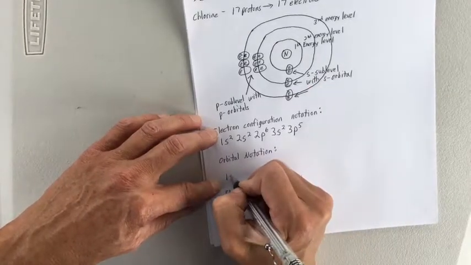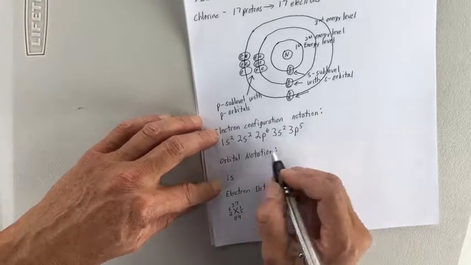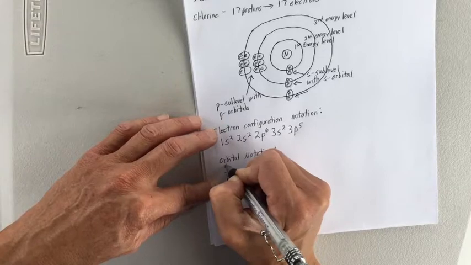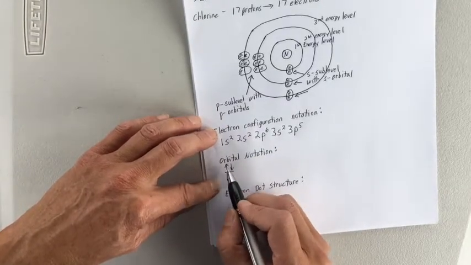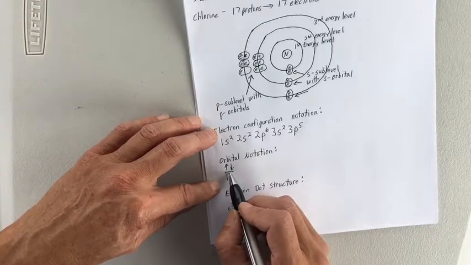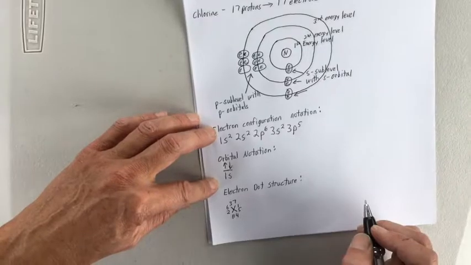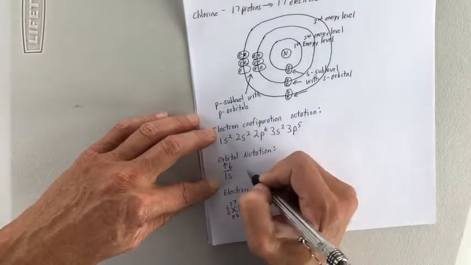They're in the S sublevel, and there are 2 of them, and we represent those 2 electrons with 2 arrows. An arrow going up and an arrow going down to represent opposite spins. And this line here indicates that they are in an orbital, much like this circle indicates that they're in an orbital.